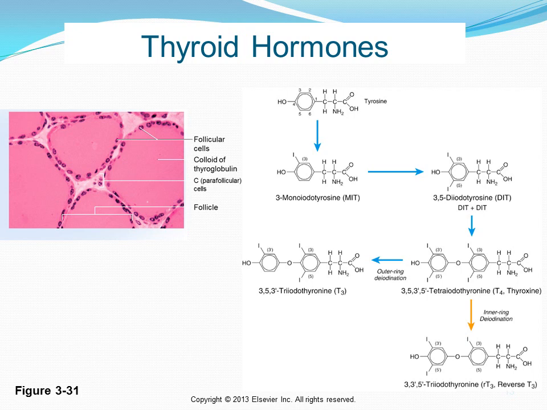So most of what's being transported around the body is T4, and then when it gets to whatever cell it's acting on, it gets turned into T3 or RT3. All of these names are based off of where you find the iodine. As you can see, T4 has 4 iodine, T3 and RT3 have 3, but the location of that iodine is what's important in their naming.